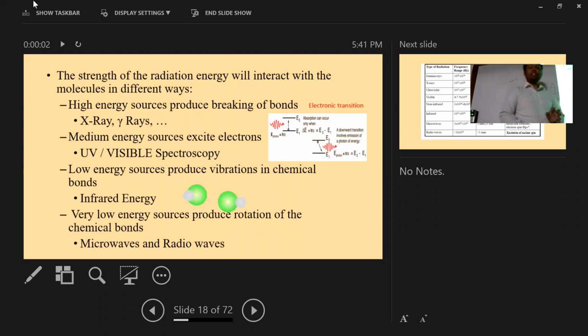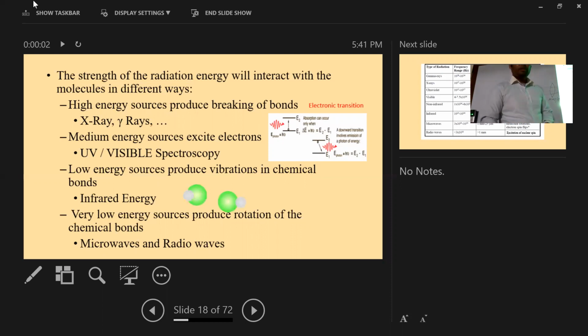Then a medium energy source excites electrons, UV and visible, as already mentioned. For UV, 2 photons of 266 can just eject 1 electron, nothing else. It cannot decompose.